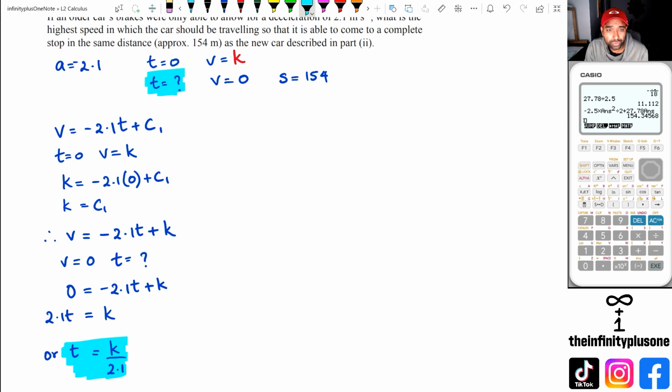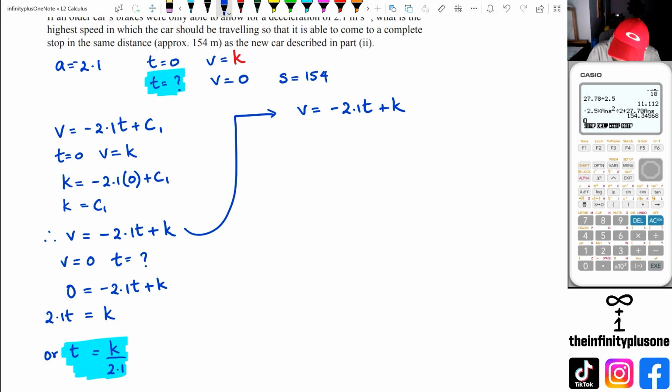So now we're going to work out what the distance function is. To do that, we have our velocity function and we're going to integrate this. So s of t is negative 2.1 t squared over 2 plus kt plus the second constant.